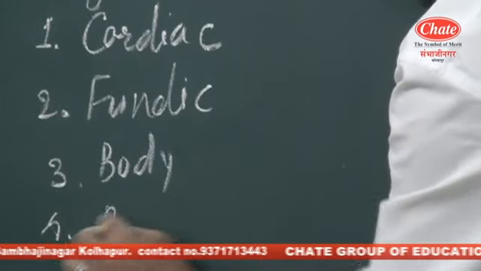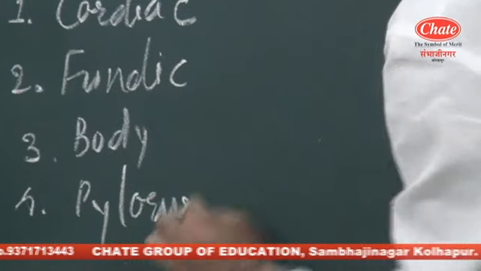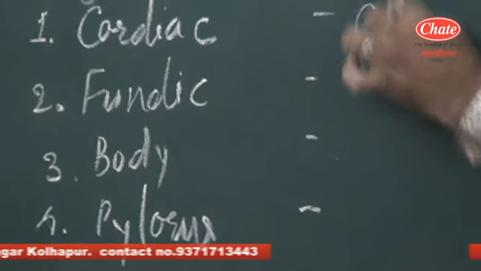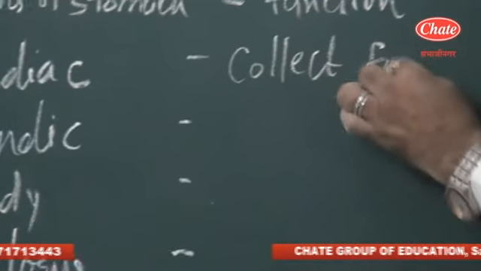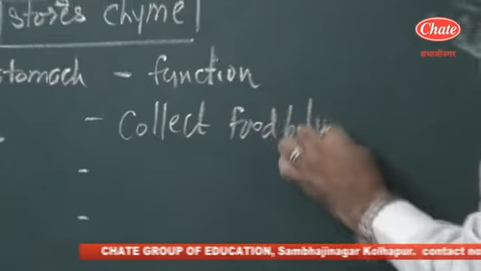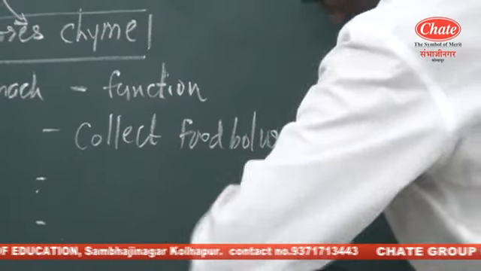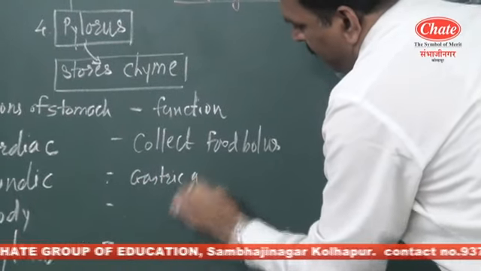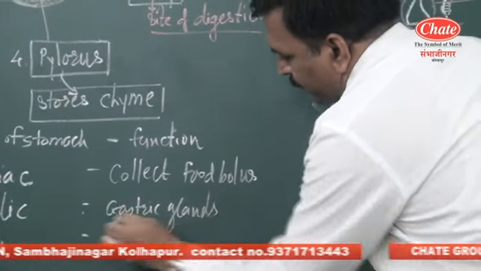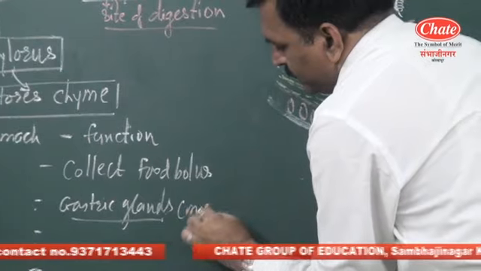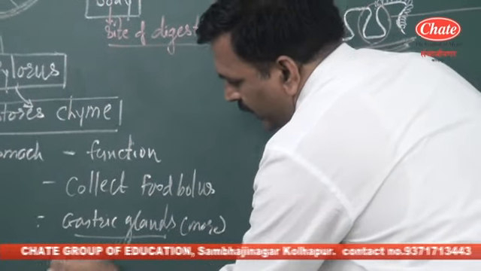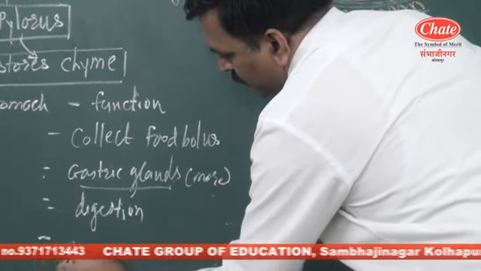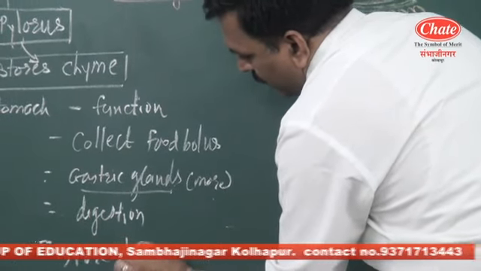And fourth, the pylorus. Function: collect food bolus. Then fundic has abundant gastric glands, more than the other parts; body, digestion; and pylorus, store chyme.